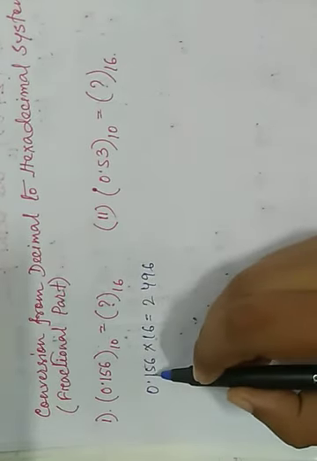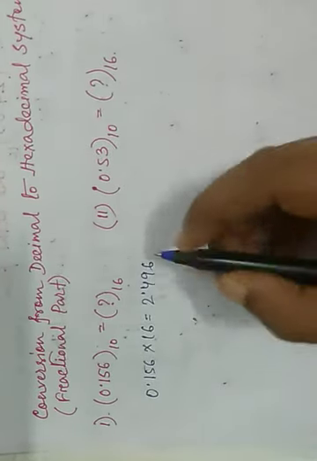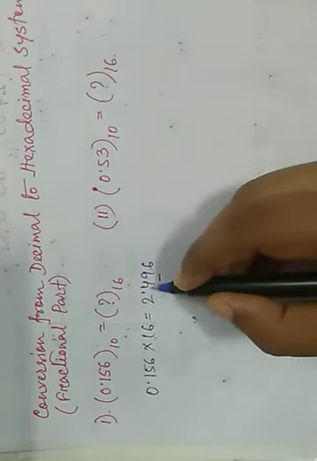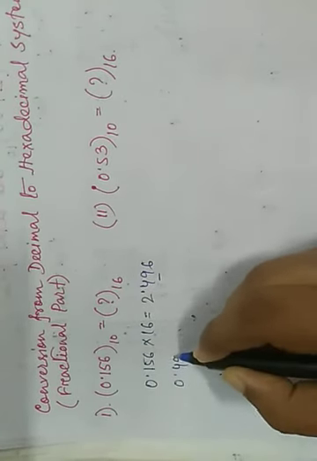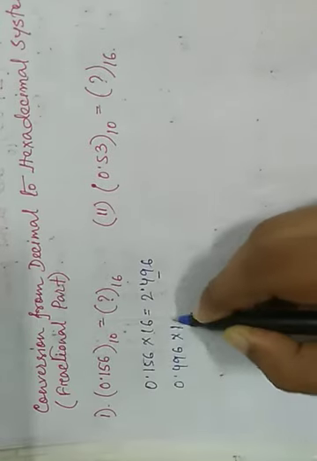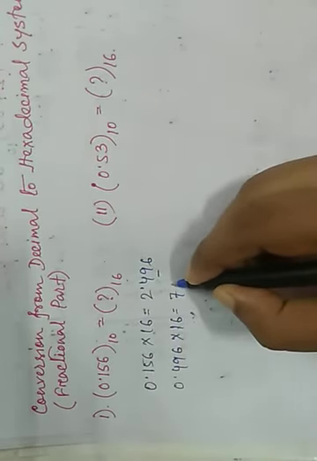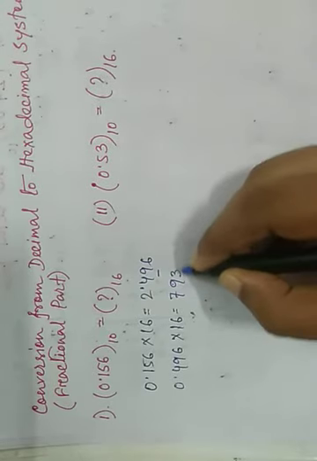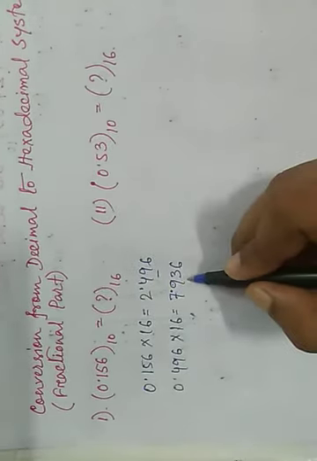As the decimal point is after 3 decimal places, we put the decimal point here. Now take the fractional value, that is 0.496, into 16. It becomes 7.936, so we put the decimal point here.